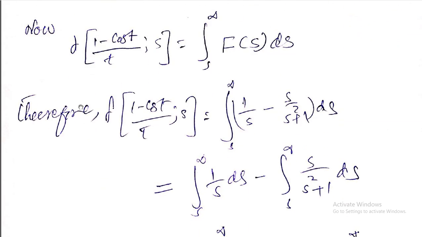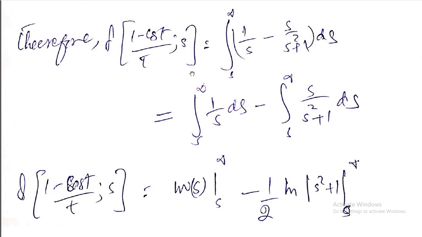So the Laplace of 1 minus cos t over t can be found as the integral from s to infinity of F of s ds. The value of F of s is 1 by s minus s over s square plus 1, ds. You can solve this integral, it's quite easy.